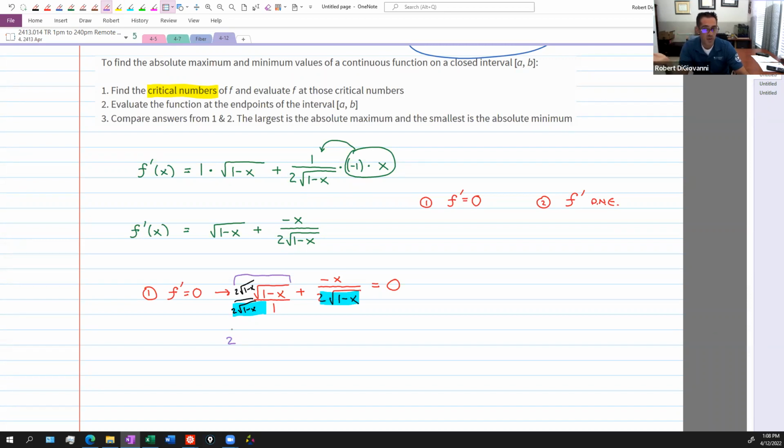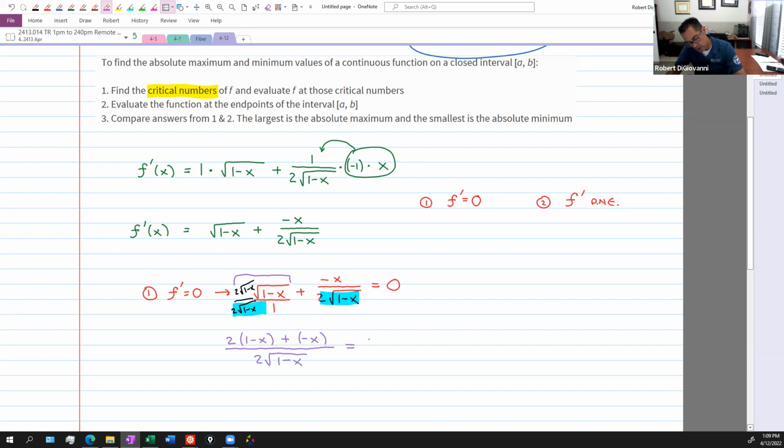So basically the root goes away and you still have a 1 minus x, but because there's a 2 out there, I must put that 1 minus x in parentheses. So that's just multiplying those out. Plus, now the other numerator is negative x, so I'll put plus negative x. And that's all over the new common denominator, which is 2 square root of 1 minus x.